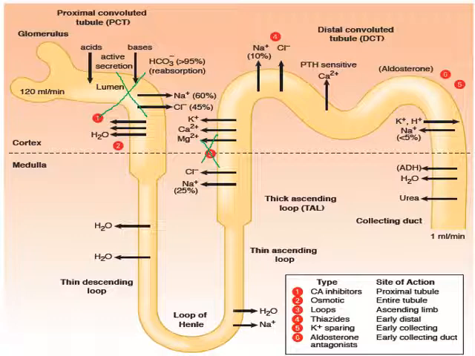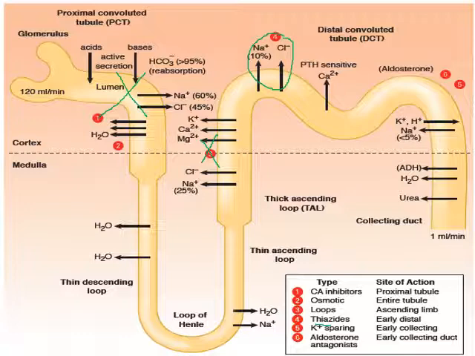We have another group of agents that will block the sodium chloride symporter, which is present in the early part of the distal convoluted tubule, and those are called the thiazide group of diuretics. Thiazide. And here again we have different agents, called potassium sparing diuretics.